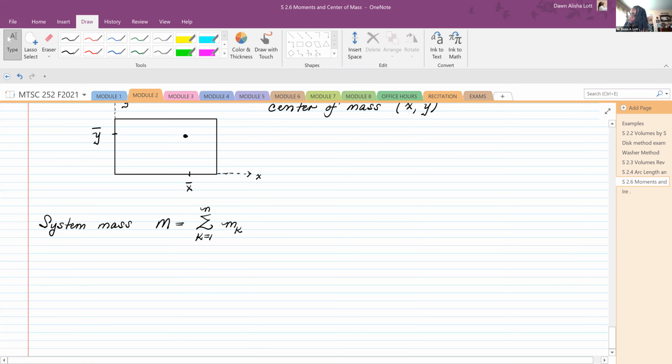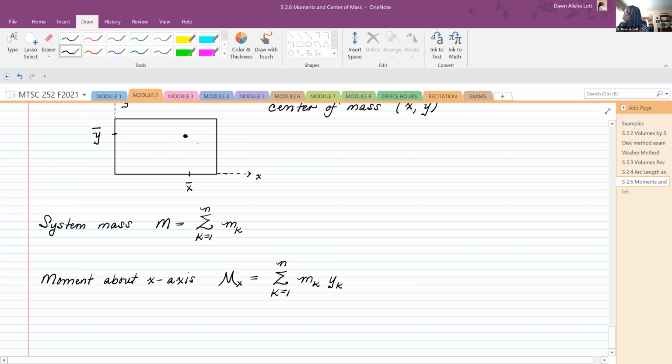But now we have a moment about the x-axis. And this moment about the x-axis, I'm going to call Mx. And I'm looking at the distances the mass is from the x-axis, and that distance is yk.